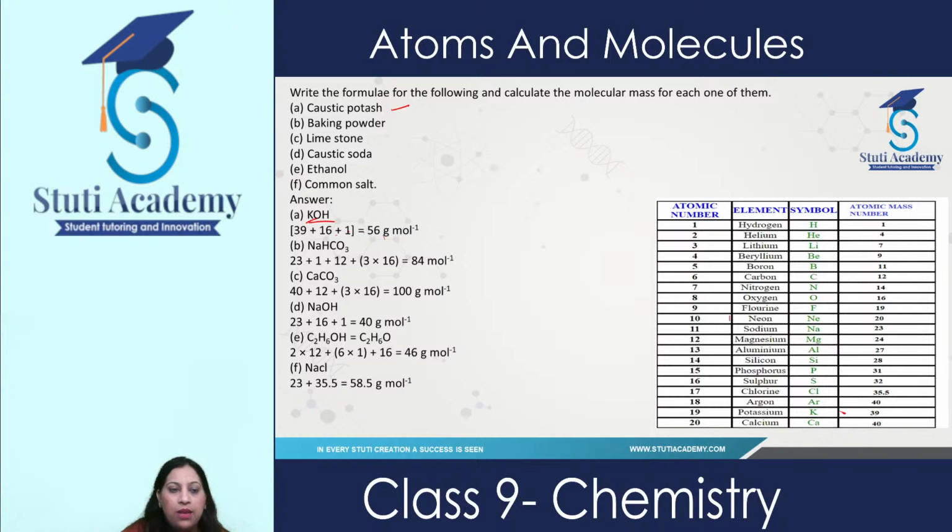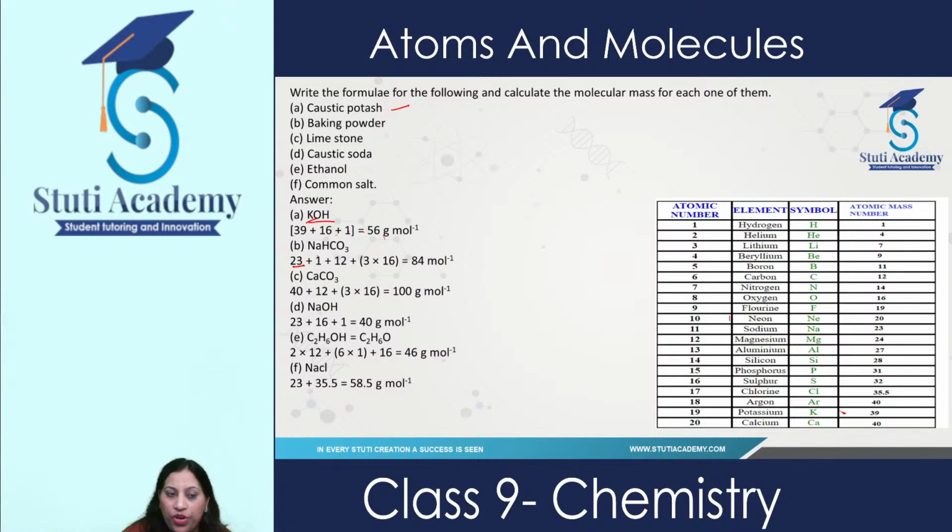Okay. Then we have baking soda, NaHCO3. Now see, so many compounds and chemical formulas are there which we have already done in the previous chapter. So this is sodium hydrogen carbonate.